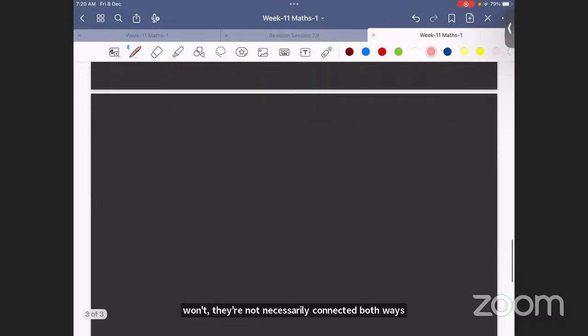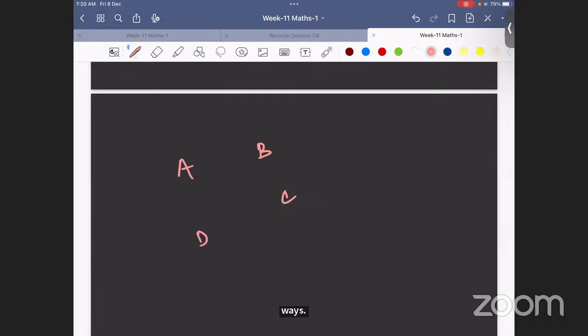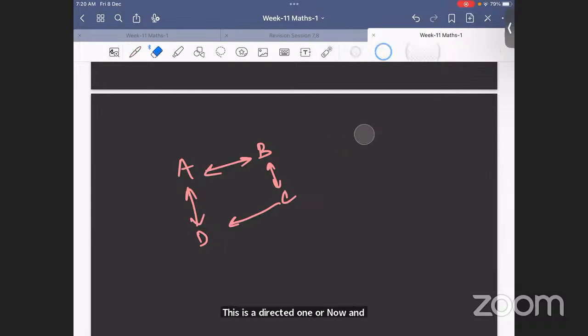Okay. So if I draw this, is it a directed graph or a non-directed graph? It is directed. Why is it directed?